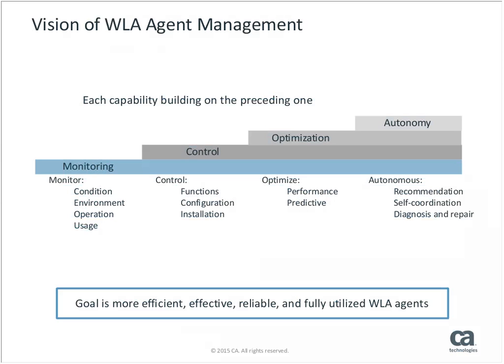And then finally, we think the autonomous recommendation, self-coordination, diagnosis, and repair is where this product is headed. Now, all of that is in the future, and we're trying to make steps towards reaching that. But today, we are going to be focusing on monitoring, which is really the primary function of this R12 release.